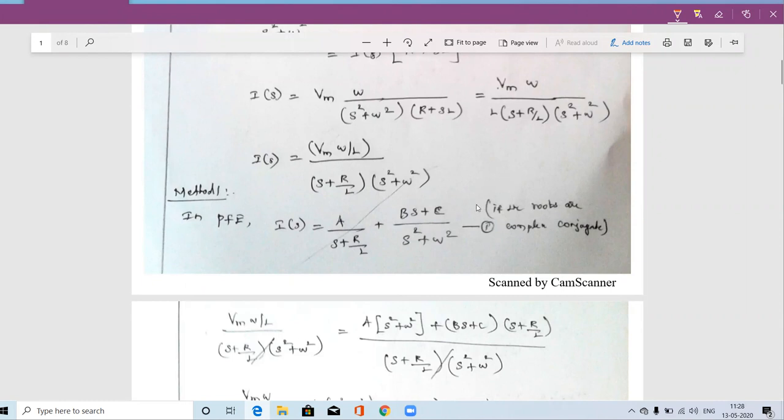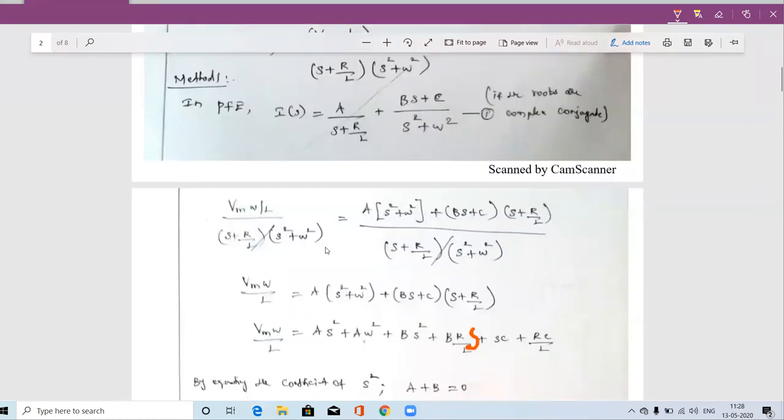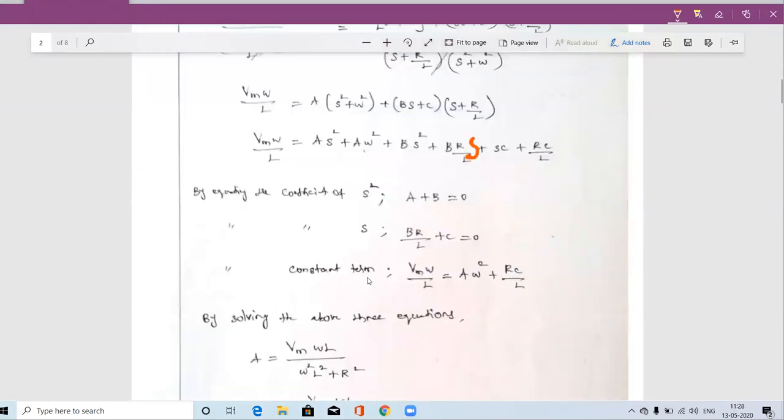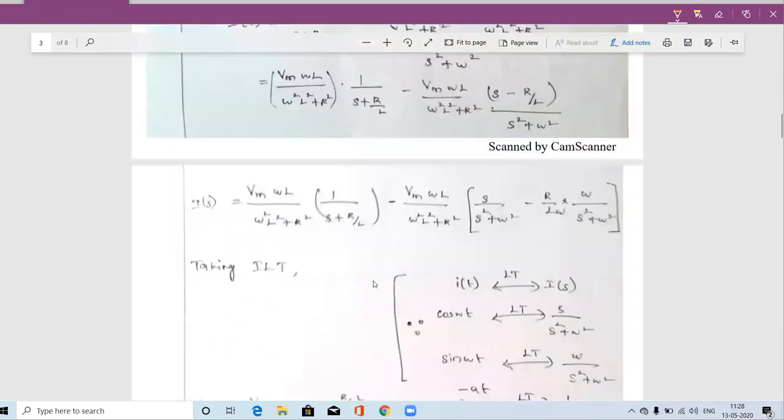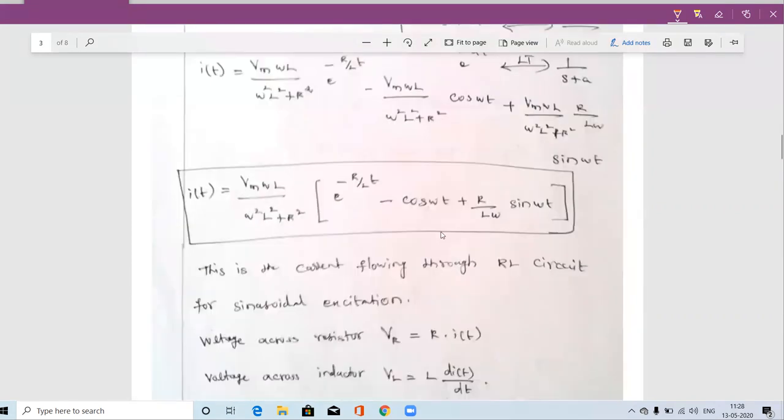So in order to solve the partial fraction method with complex conjugate roots, we have to write it like this: the fraction coefficient B into s plus C divided by s squared plus omega squared. And then we take the LCM, equate it, and find out the values of A, B, C. Okay? So this is the transient response of the RL circuit for sinusoidal excitation.